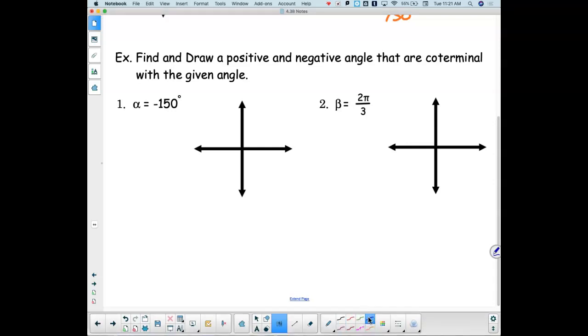Negative 150 degrees is right here. So my list of positive coterminal angles with negative 150 degrees would be 210 degrees. Actually, we can draw this a little bit better.